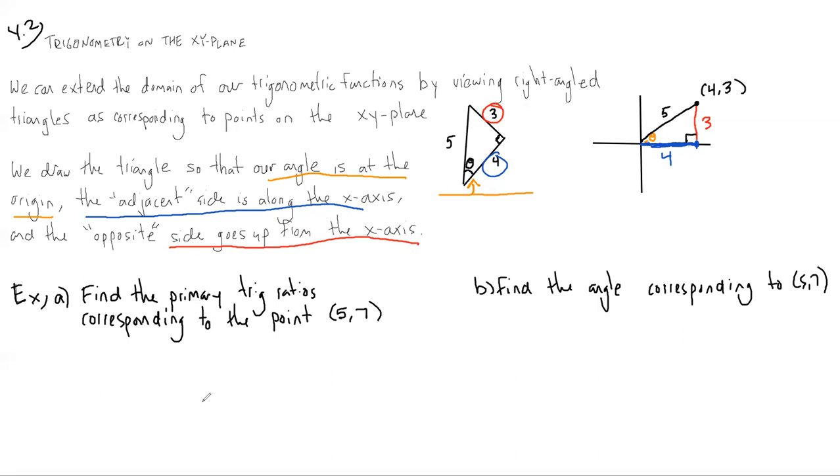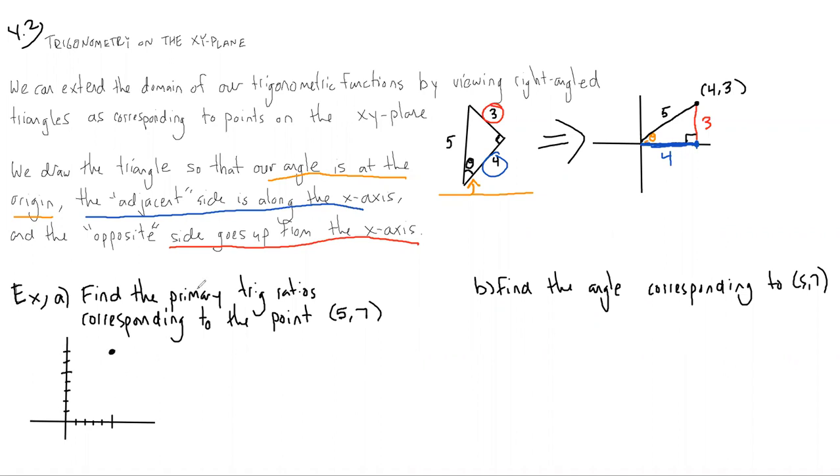So what we're going to do is work in reverse for a couple of examples. First of all, we're going to find the primary trig ratios corresponding to the point 5, 7. To answer this, we'll draw the point 5, 7. 1, 2, 3, 4, 5. 1, 2, 3, 4, 5, 6, 7.